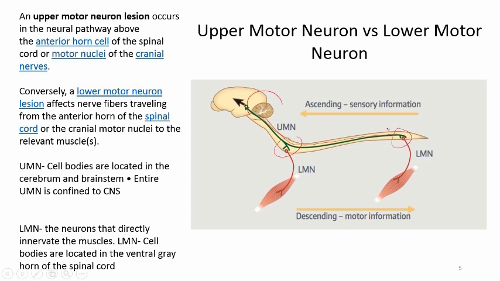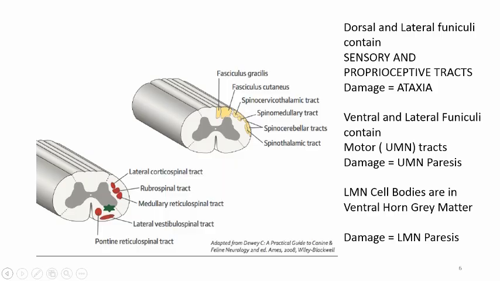But their cell bodies are in the brainstem and the cerebrum. Whereas our lower motor neuron, the neurons are going to directly innervate the muscles. And all of the cell bodies are located in the ventral gray matter of the spinal cord. So those are important things to remember.